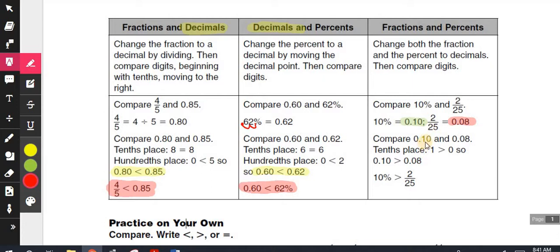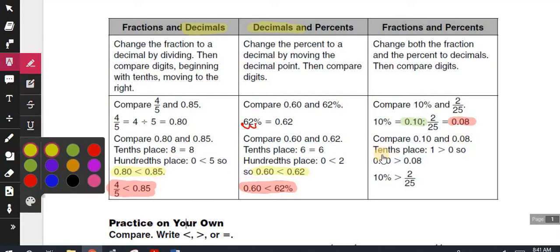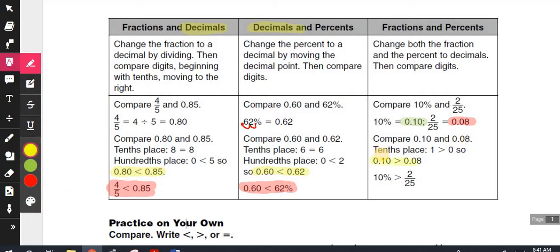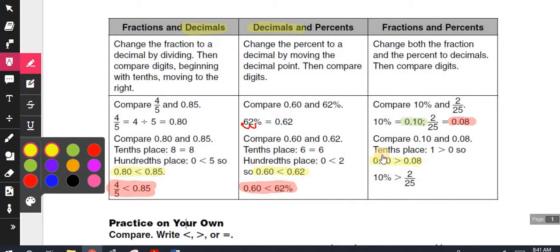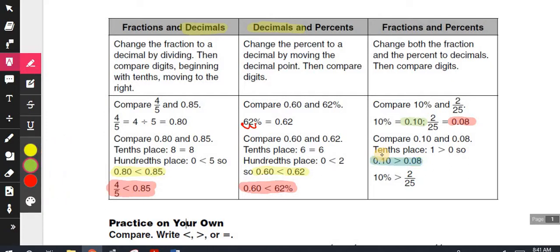So when I compare 0.10 to 0.08, 10 is greater than 8. Therefore, we would start off by writing that 0.10 is greater than 0.08, and then make sure we use our substitution. That 0.10 was actually 10% in the original form, and the 0.08 was actually the 2/25 in the original form.